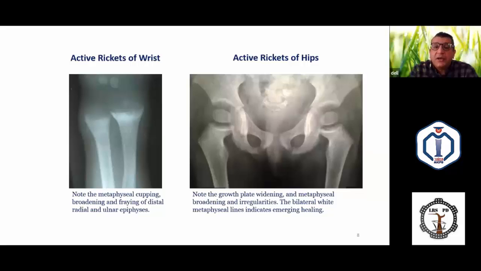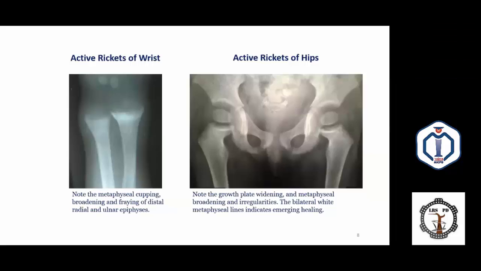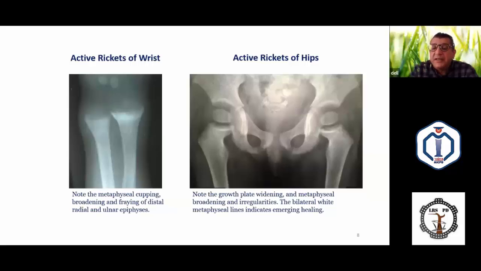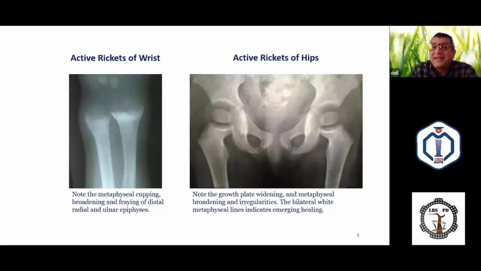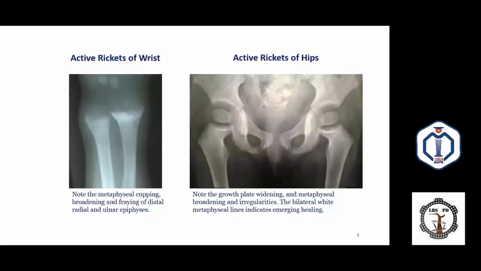We also have a demonstration here of active rickets of the hip. As we said before, you can notice here the metaphysis of the proximal femur, there is also a white line bilaterally. This is also an indication of emerging healing.